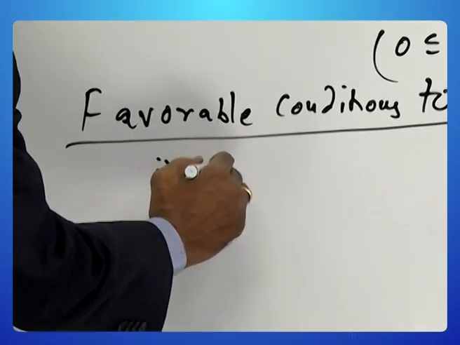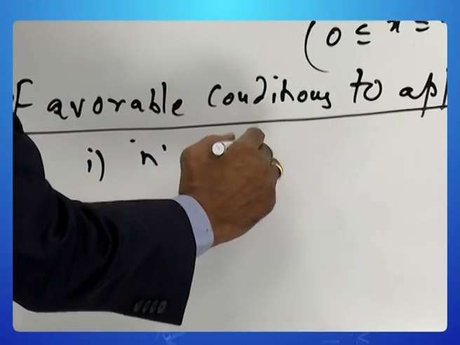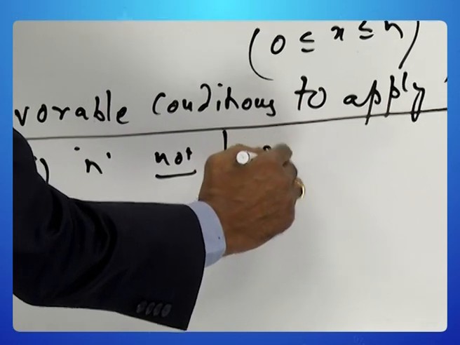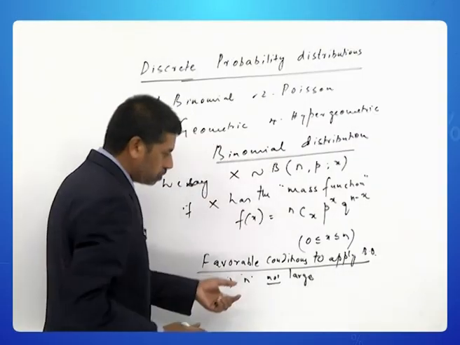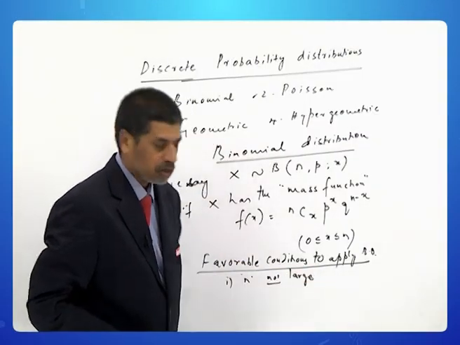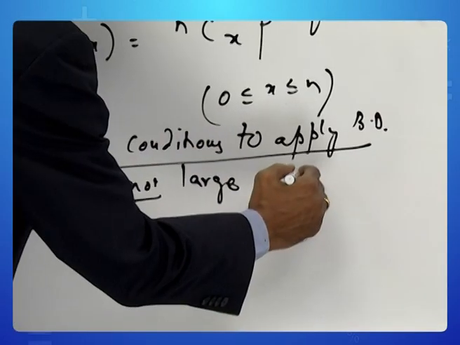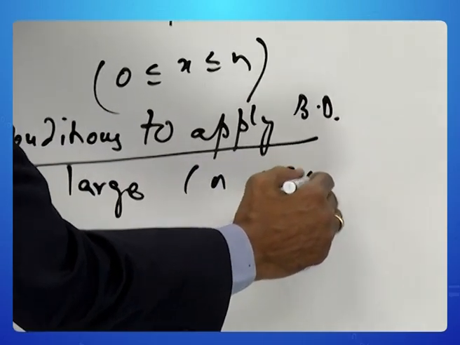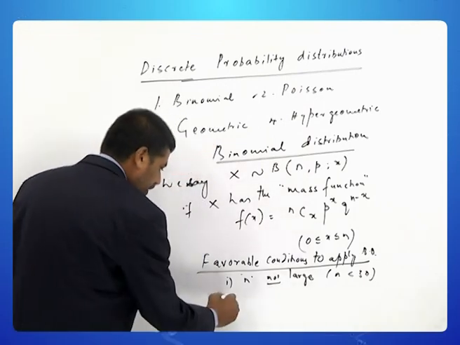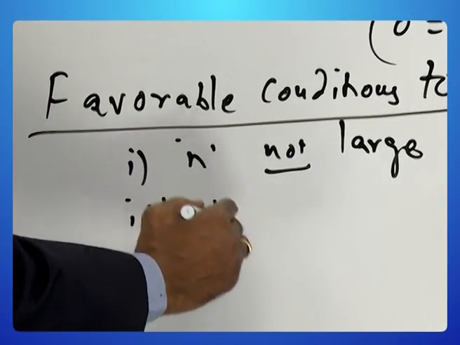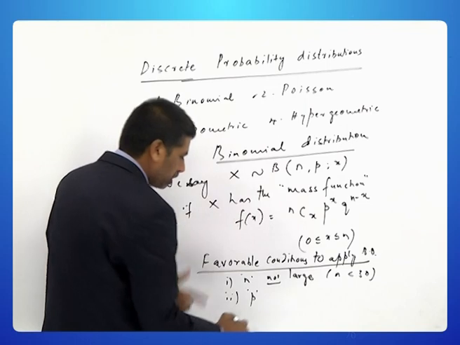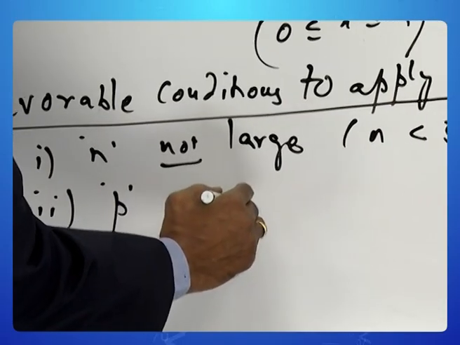One of the conditions is n should not be large. We still have to specify what is large and what is not large. Specifically, n should not exceed 30. So n should be less than 30. And 2, probability of success per trial should not be low.